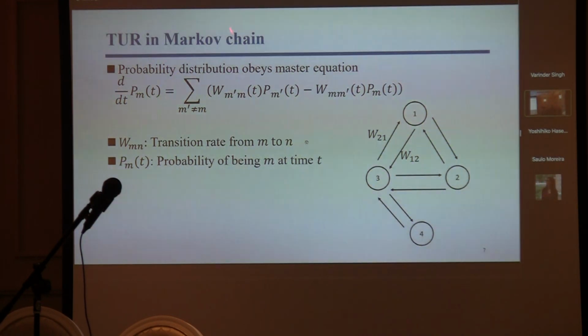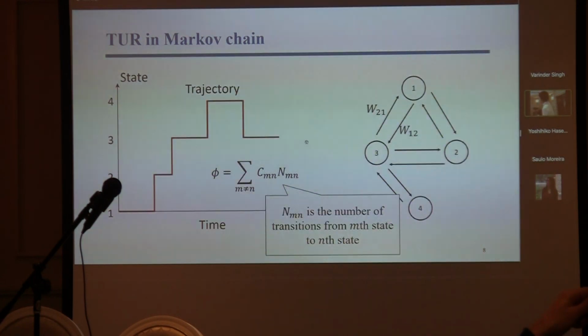So let me define the TUR in a general Markov chain. Suppose we have a Markov chain described by this master equation here, and this is the transition rate from state M to state N, and P_M(t) is the probability of being in M at time t. By solving this master equation, we have a trajectory, and we assign an observable to each trajectory.